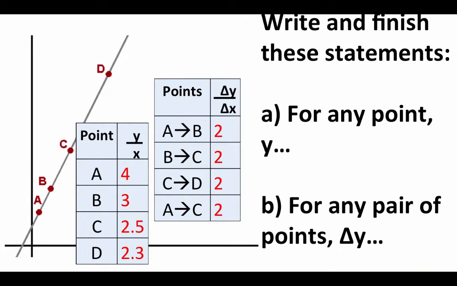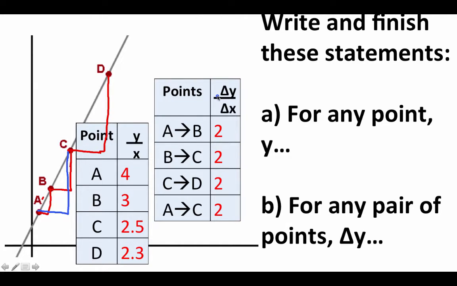If you go ahead and calculate these, you'll find that actually, for any change in points from A to B, or from B to C, or from C to D, or from A all the way to C, the ratio is always 2.